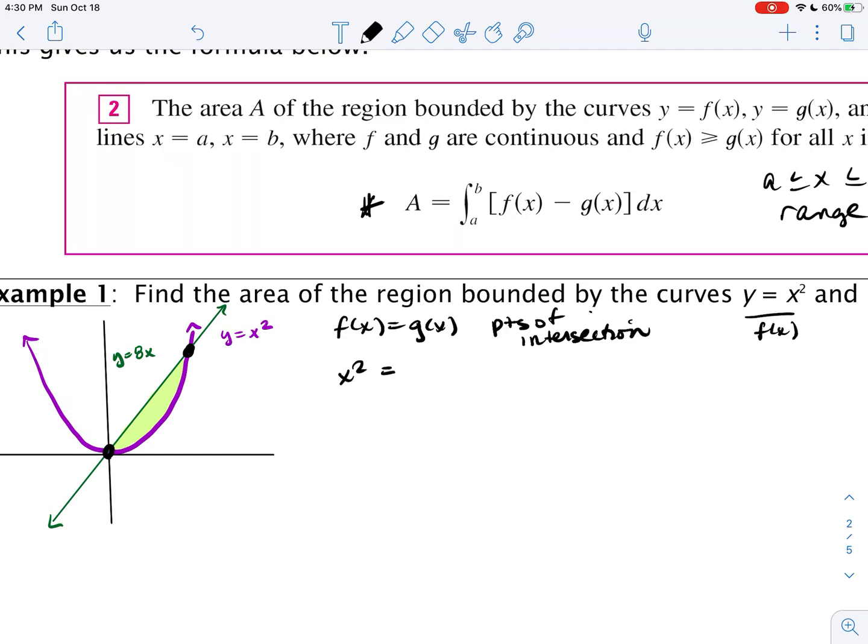So if we have x squared equal to 8x, that's a polynomial equation. Usually you put everything over to the other side, and set it equal to 0. We can factor or use the quadratic formula if you want. But this is easy to factor, and I can say that x is equal to 0 or x is equal to 8.